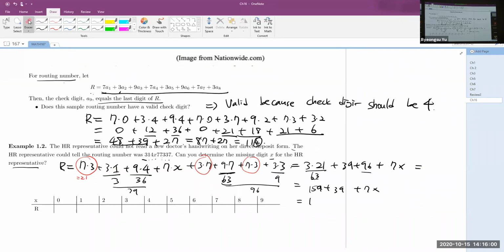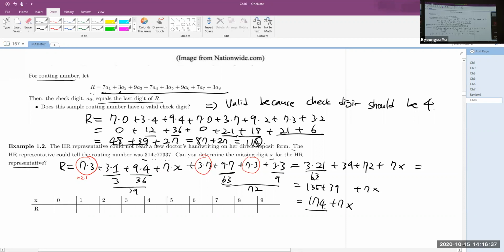Oh, 33. Okay, so that's my mistake. Okay, 72. So it should be 72. Then 63 plus 72 is 135 plus 39. Okay, now 174 plus 7x. Now I got the exact answer I already calculated.